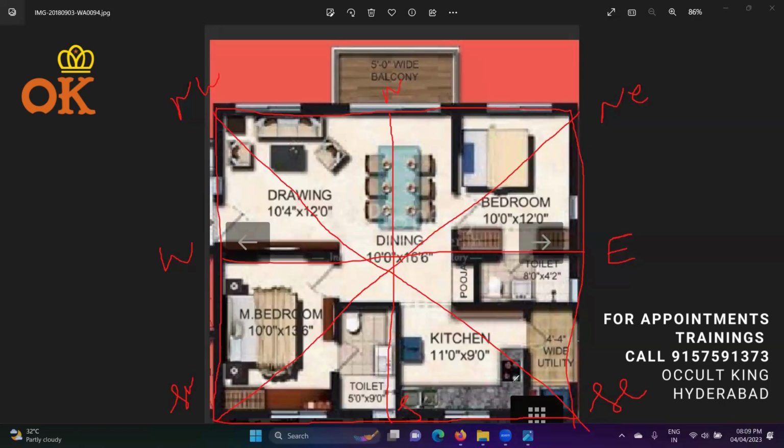And if you see the position of the wash basin in this particular room, let's say kitchen, we're talking about kitchen. I have segregated in different rooms, in different zones or directions, so we are trying to understand what it is.